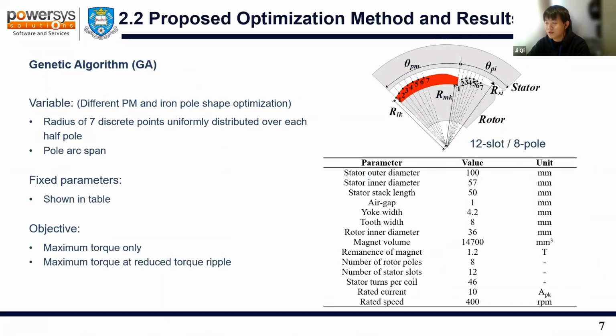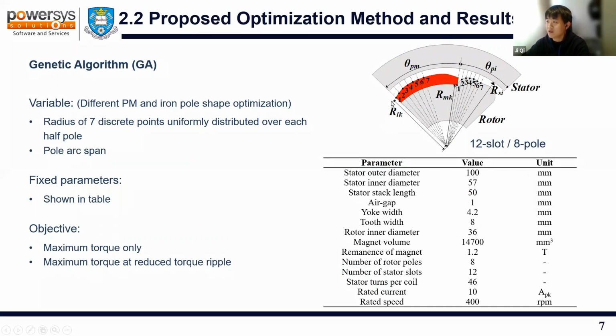To verify the principle, here, the genetic algorithm is utilized to optimize the structure. And in this study, a 12-slot 8-pole combination is utilized as an example.